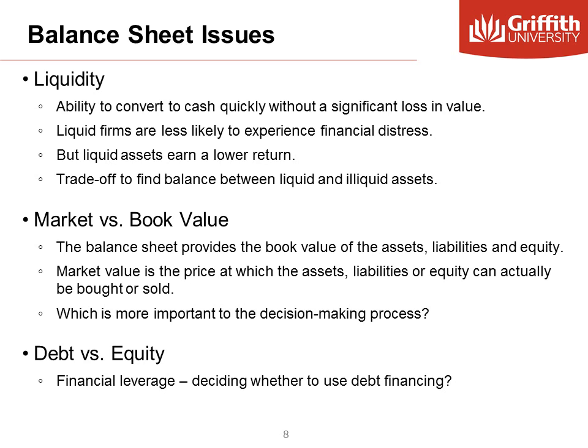This value may bear little resemblance to what they could actually be sold for today in the market. Same with liabilities. They are listed at face value. When interest rates change or the risk of the firm changes, the values of those liabilities change in the market as well.